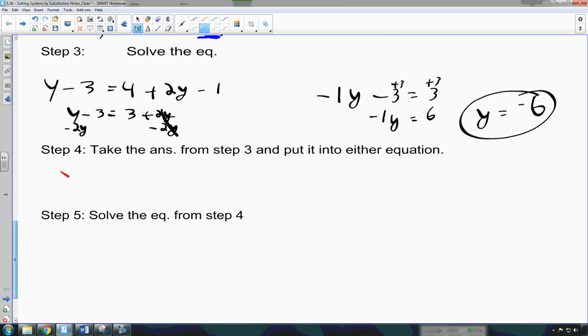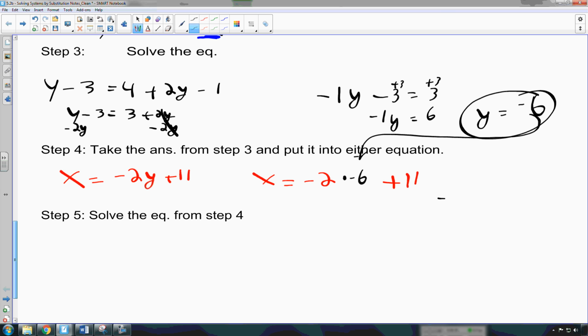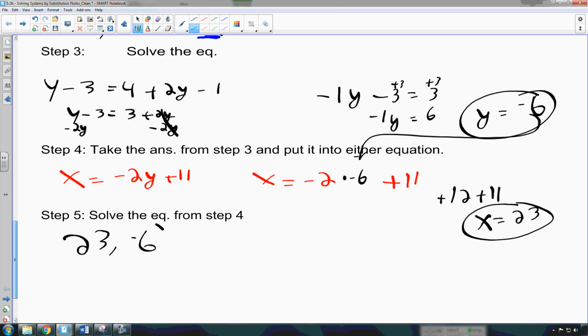I like to do x equals negative 2 times y, and then I put in negative 6, times negative 6. So I got 12 plus 11, I think. So x is going to equal 23. A bizarre number, but it is the correct answer. And that makes our answer 23 comma negative 6.